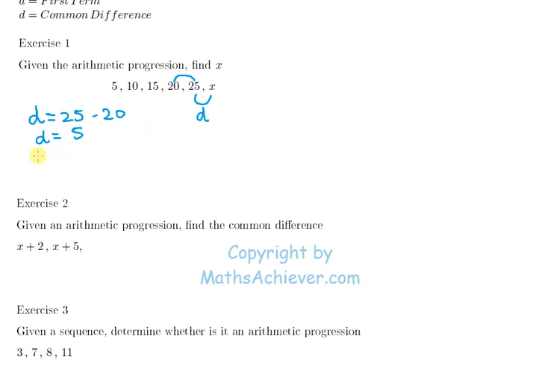So x is equals 25 plus D, which is 5. So we have 25 plus 5 giving us 30. So x is 30. That's quite a straightforward question.